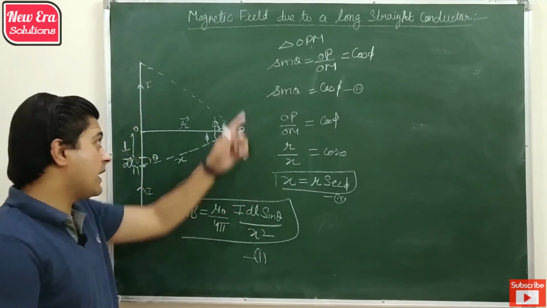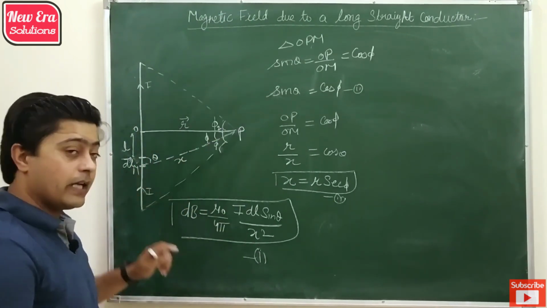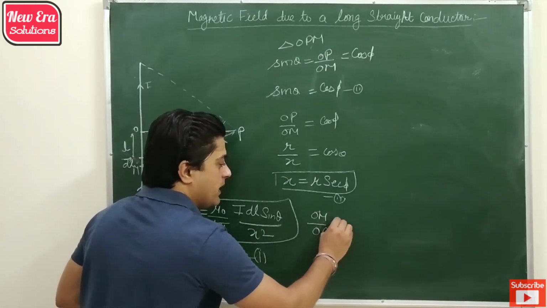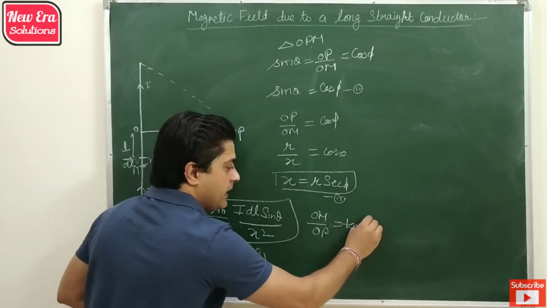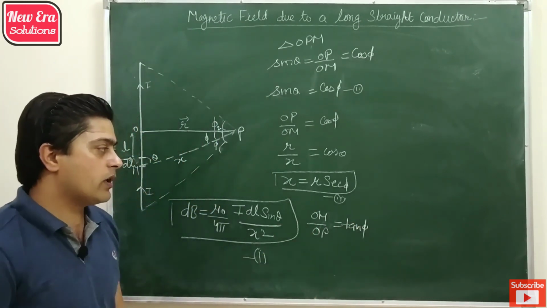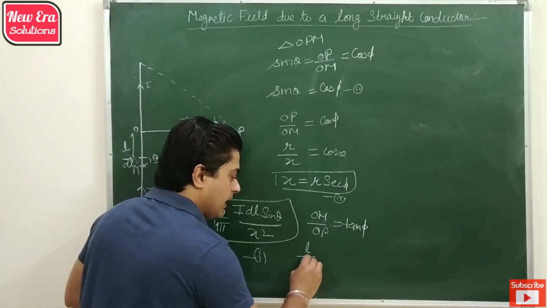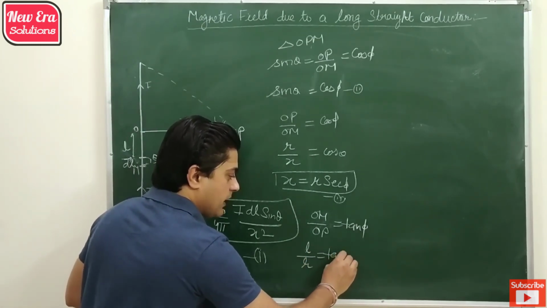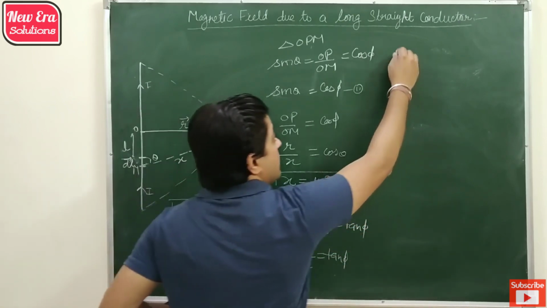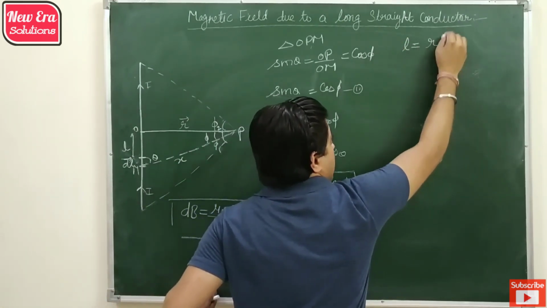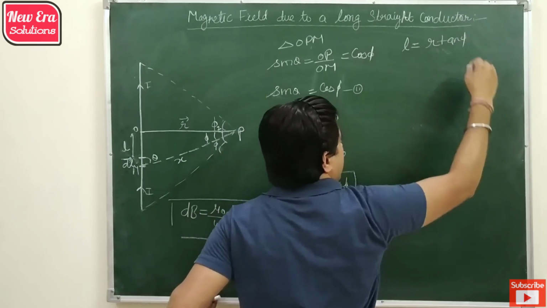Now from the same triangle OPM, we can write OM by OP is equal to tan phi, that means perpendicular upon base is equal to tan phi. So L by r is equal to tan phi and L is equal to r tan phi.